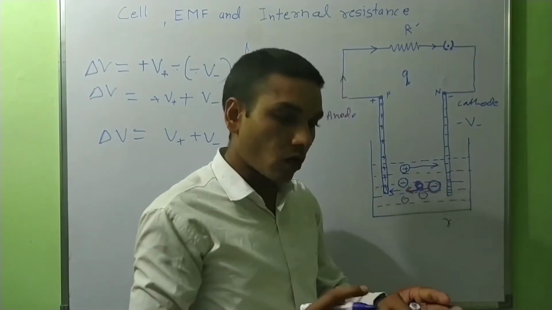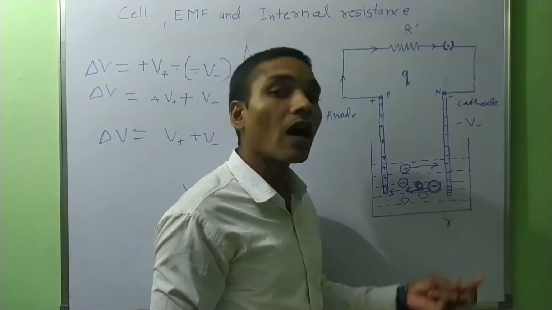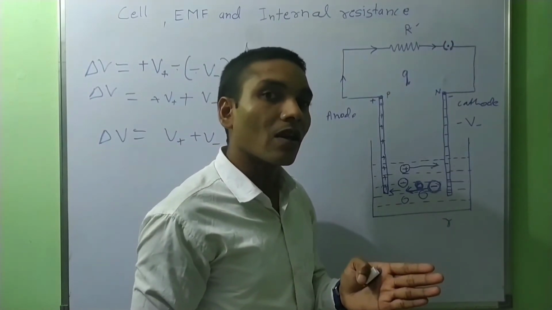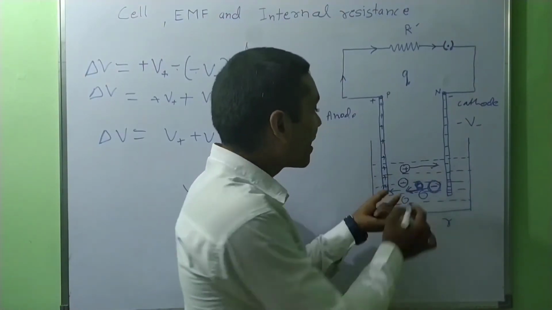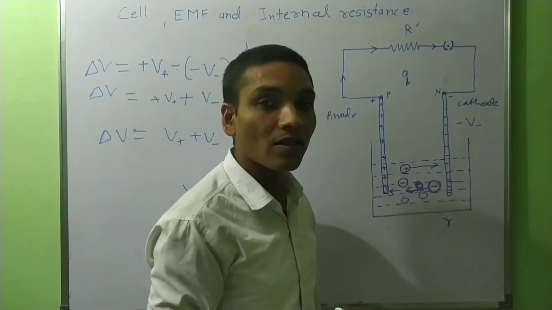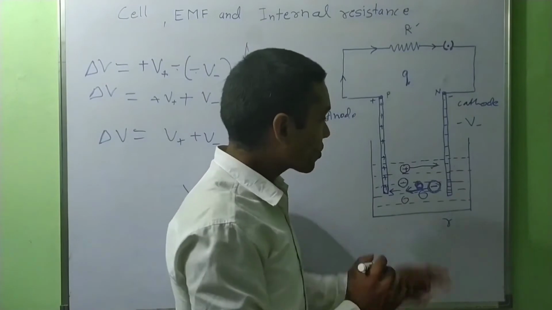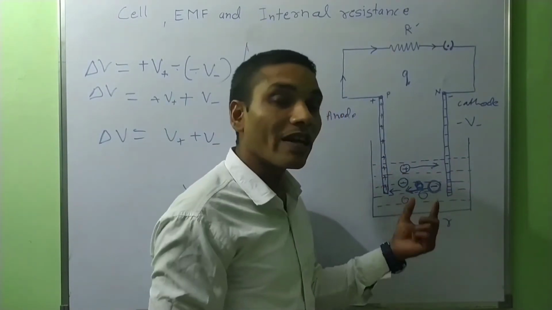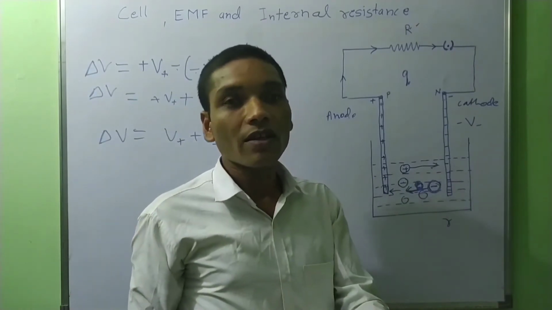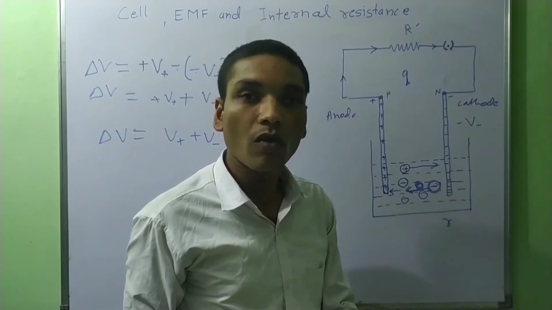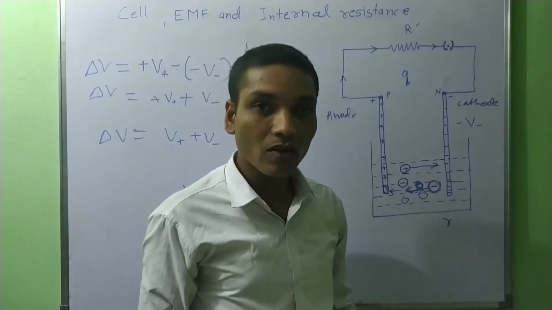Due to the collision between ions, an obstruction is offered by other ions in the motion of these ions. This obstruction inside the electrolyte is called the internal resistance of the cell. So what is the internal resistance of the cell?